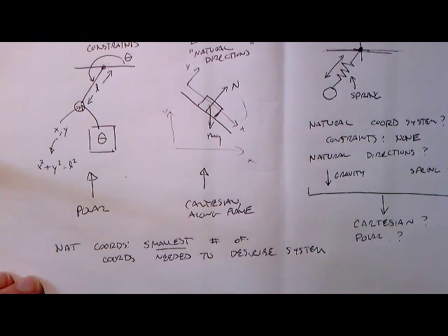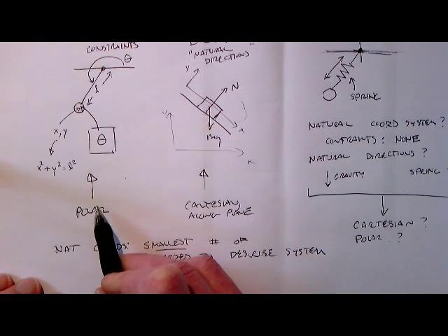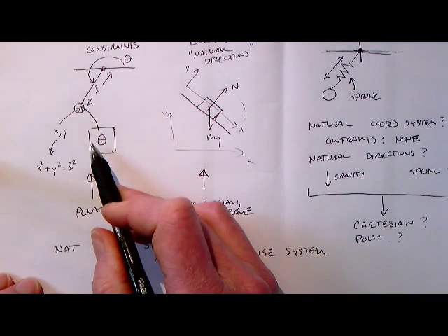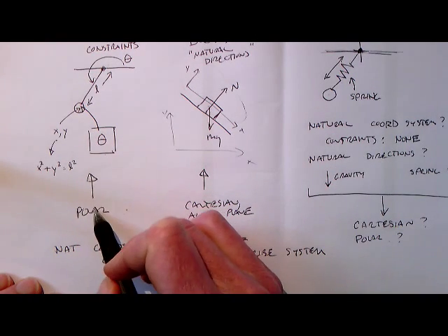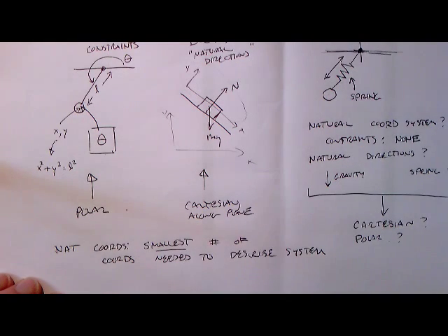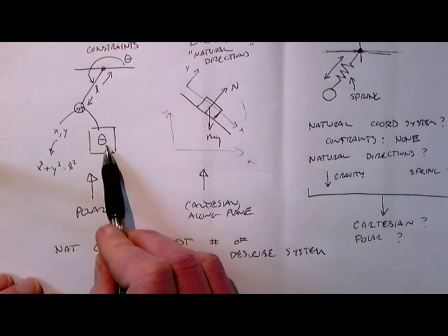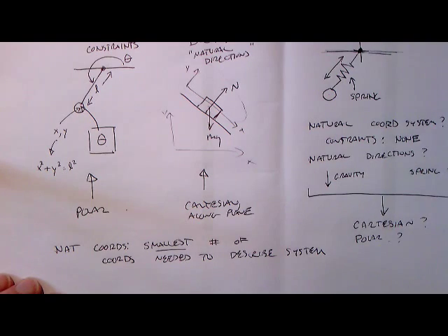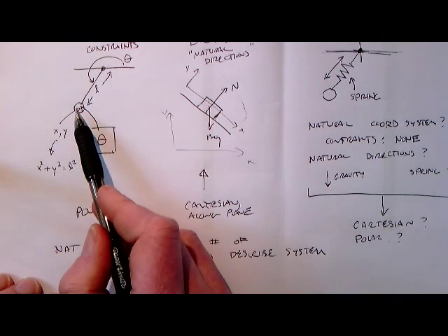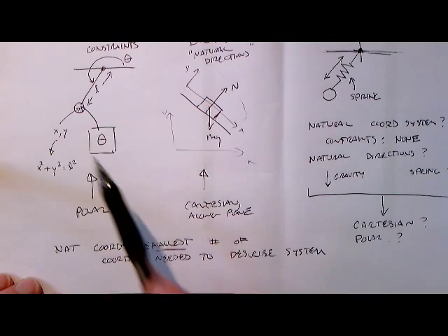And so one of the ways that you can see that polar is the right choice for the pendulum case is that in the polar case, the only coordinate you need to describe the system is theta. Of course, you also need theta dot. You need to know how fast it's moving. But if you want to know where the pendulum is, you just need to know theta.